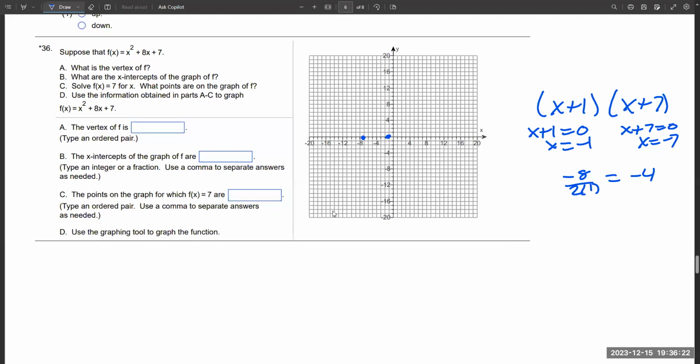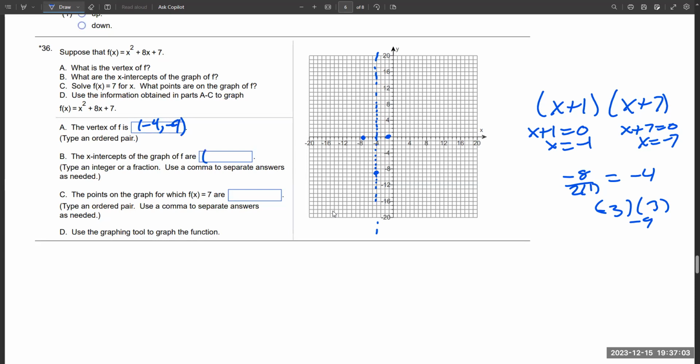It's going to give me a -4 for my axis of symmetry. And when x is -4, y is -9. I just used the factored form. It was easier there. And so the vertex is at -4, -9.